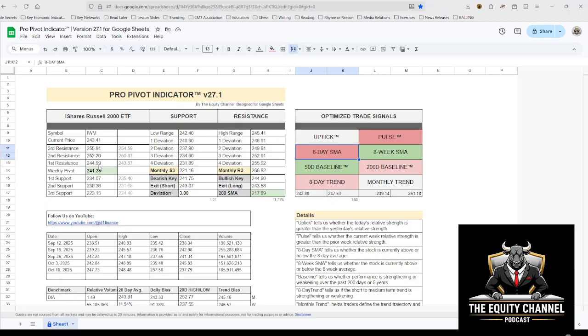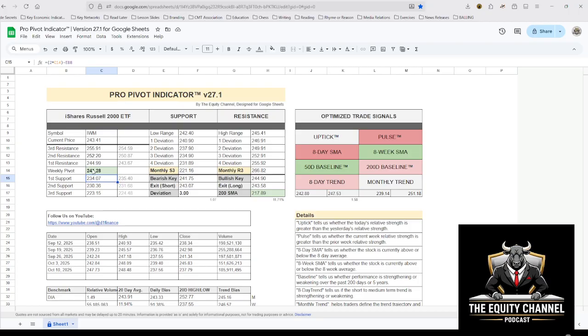So if I'm above my weekly pivot, but I've not broken above my weekly resistance, or my weekly support, broken below that, right?